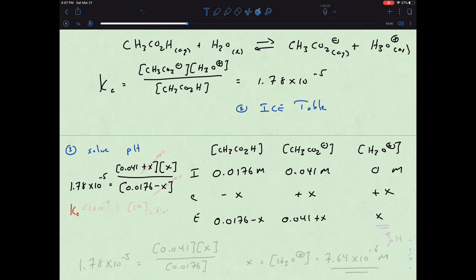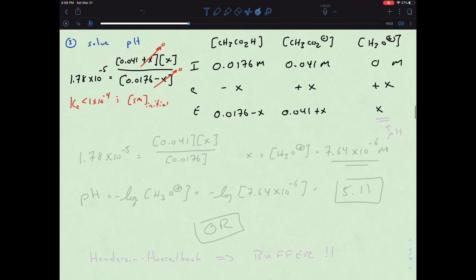Our Ka is less than 1 times 10 to the negative fourth, and we have initial starting material, so not only does the X drop out in that denominator, but it also drops out there in the numerator with regards to acetate.